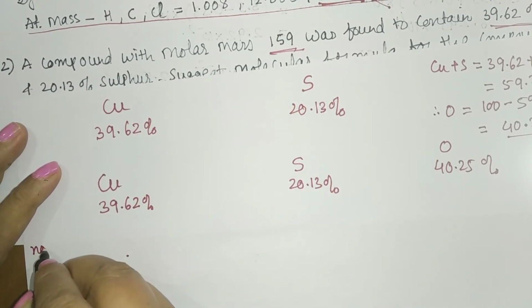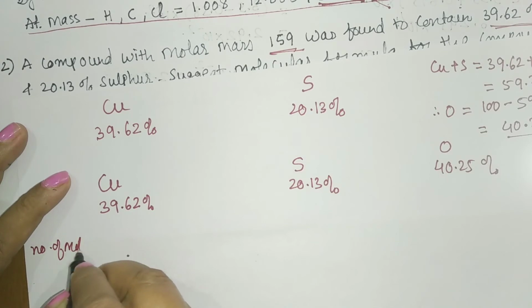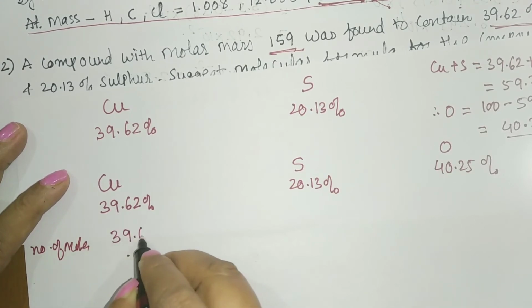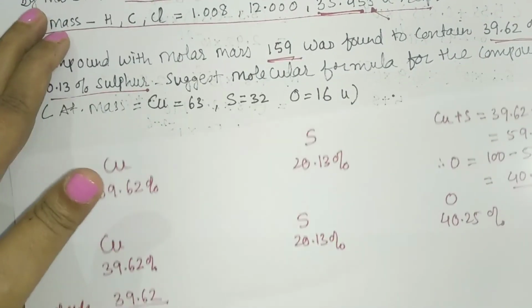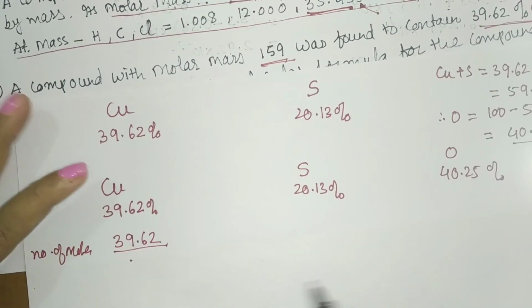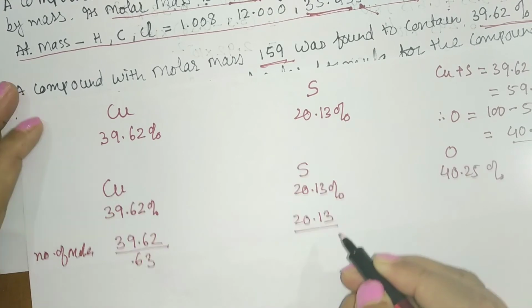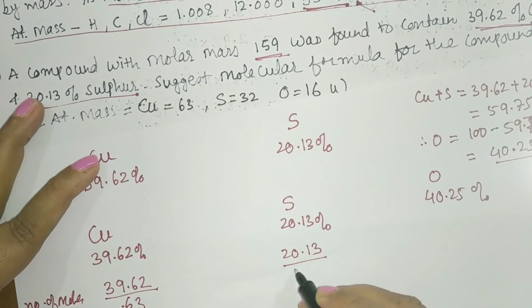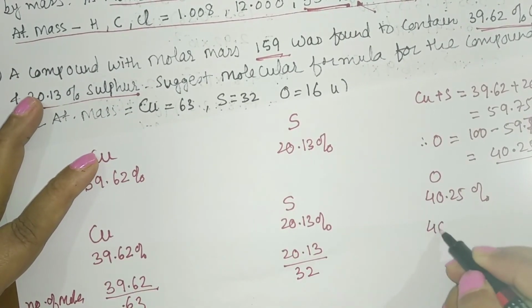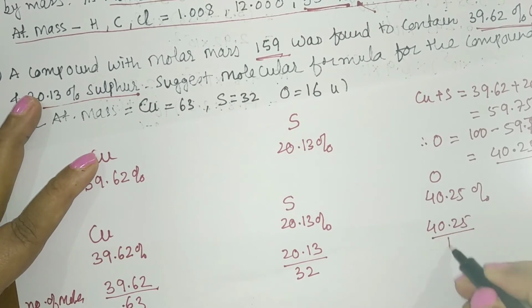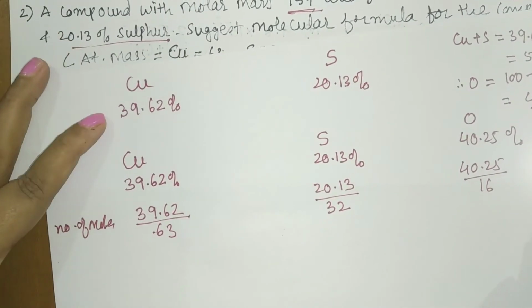So number of moles will be 39.62 divided by its mass which is given in the question, that is 63. Same you have to do here, 20.13 divided by 32, and 40.25 divided by 16. Let us go by log calculation now.